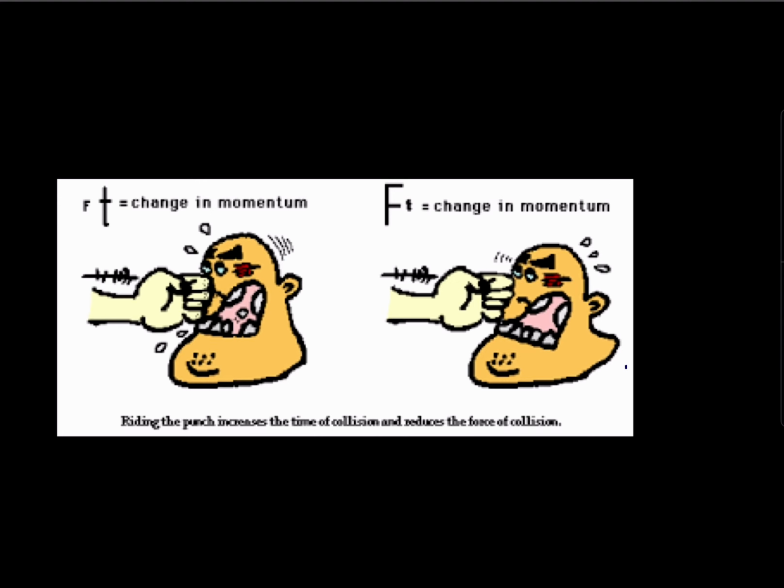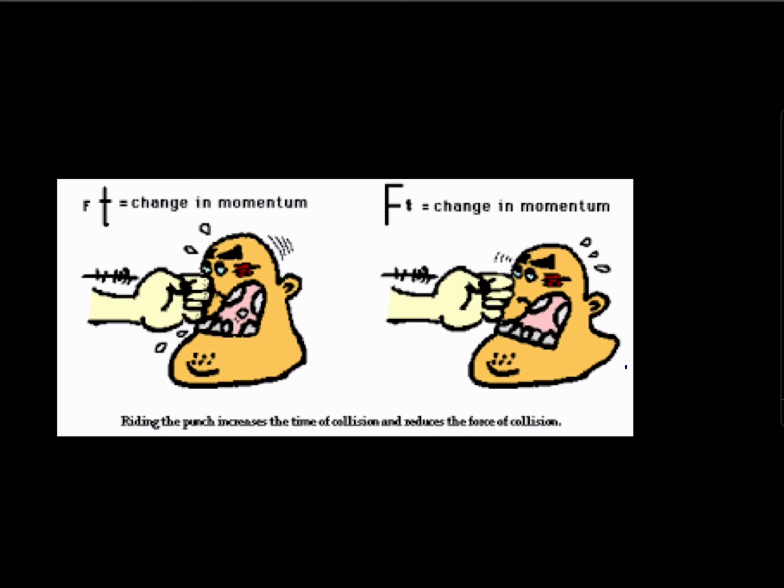It's better to ride the punch in the same direction. Move your face in the direction the punch is coming. This will increase the time of impact, the time of contact between the punch and the face. The time will increase, and that will decrease the force. How can it decrease the force if the time is increasing?